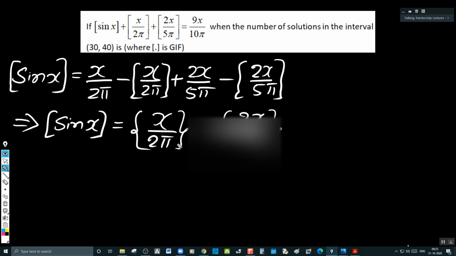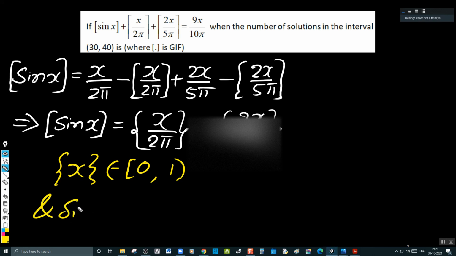Yeah, this is the fractional part of x. This is step sin x. The fractional part of x has range 0 to 1, closed at 0, open at 1. Means what must happen here? Talk about step sin x. It should lie between closed 0 and open 2.